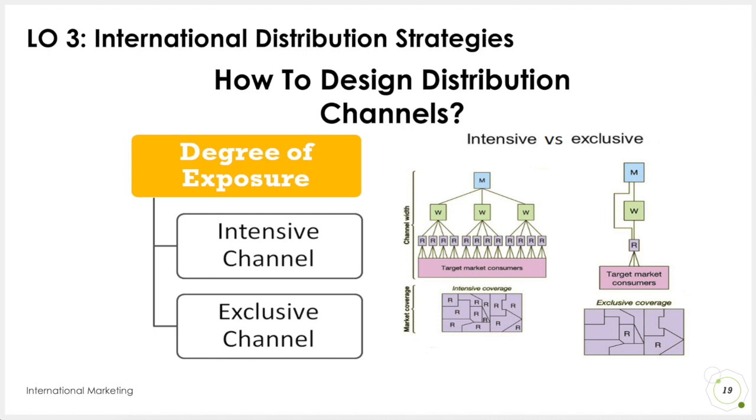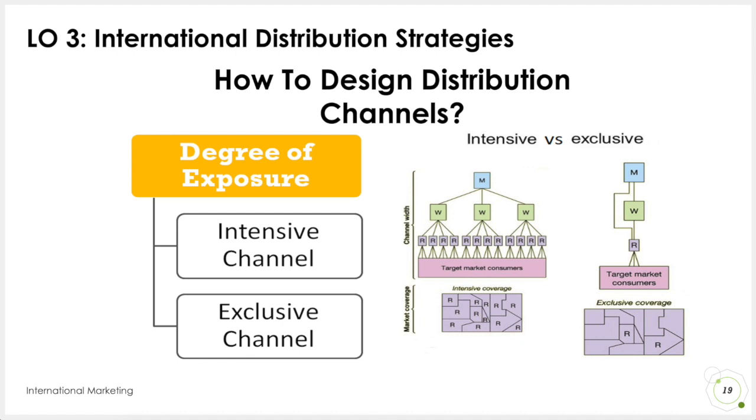In an exclusive channel, a manufacturer grants the right to sell its product to one or a limited number of resellers. An exclusive channel gives manufacturers a great deal of control over the sale of their product by wholesalers and retailers. It also helps a manufacturer to constrain distributors from selling competing brands.